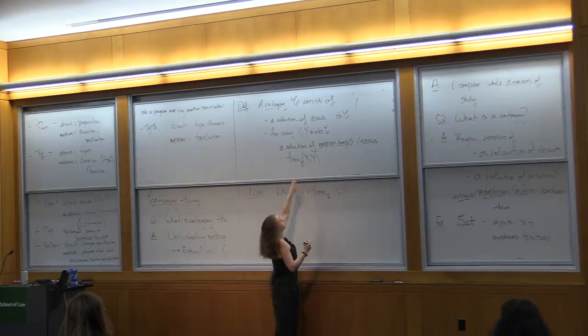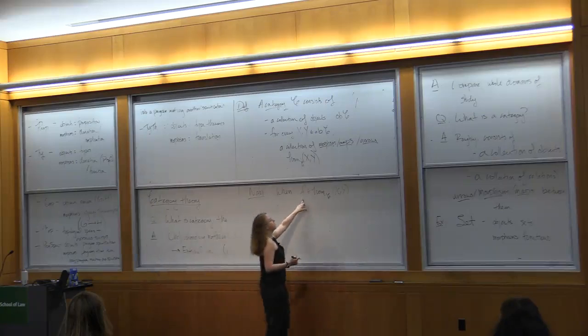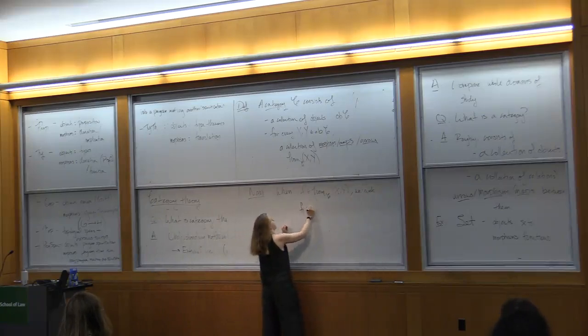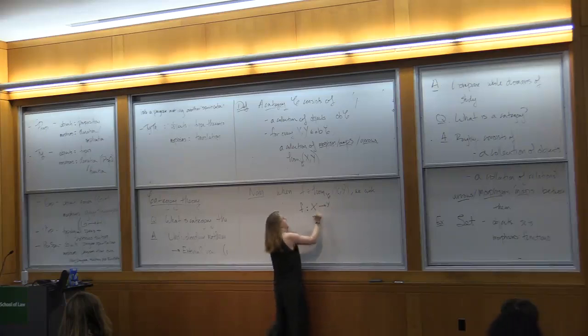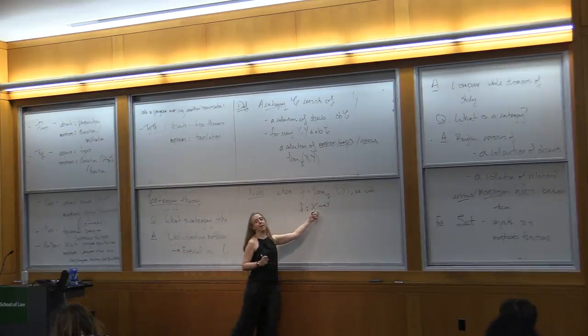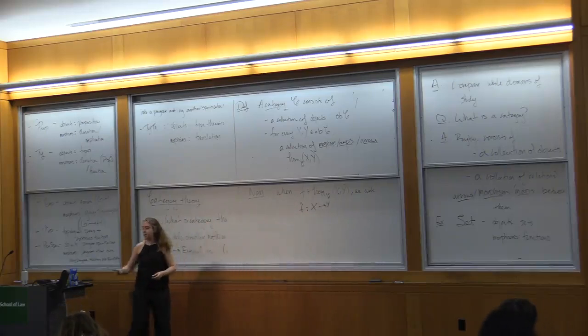Yeah, so this is my category C. Sometimes I'll talk about two categories, and then it's necessary to have this C here, so you know what we're talking about. So when we have a morphism f from X to Y, we usually write, and I will write in these lectures almost always, f: X → Y. That's how you read it, f from X to Y. Okay, so that's a notational aside.